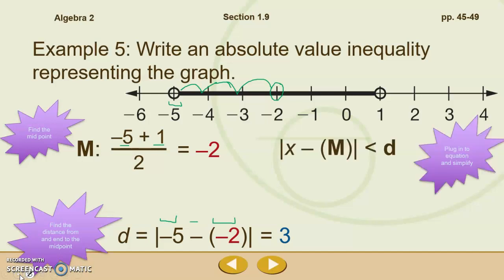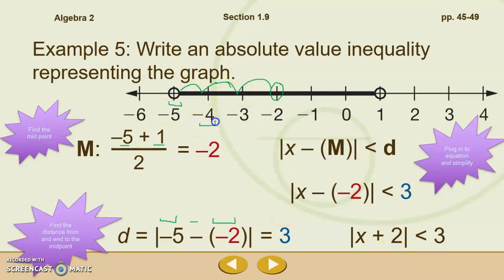Once we have our midpoint and our distance from the midpoint, we're going to plug it into this equation: the absolute value of x minus the midpoint is less than the distance. So the absolute value of x minus negative 2 is less than 3. The absolute value of x plus 2 is less than 3. So let's plug in one of our values just to make sure that works.